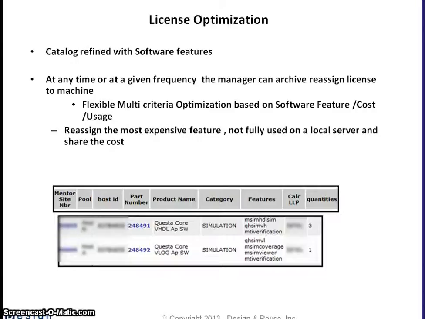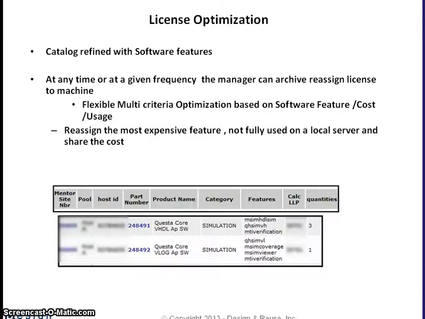So you will license by getting these packages. That means that the vendor is packaging features in a product and you license the product. But it's interesting to know that within this product you get the simulator, HDL simulator, the MTI verification and so on. So the catalog has to be refined with software feature.